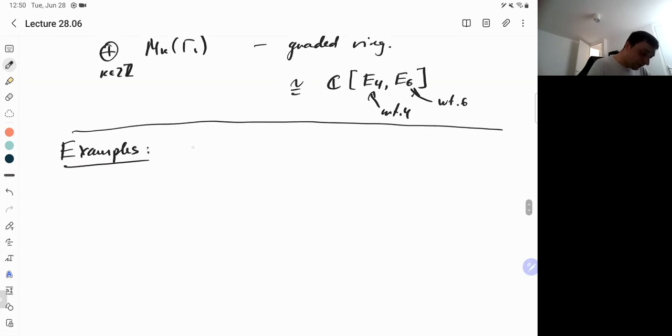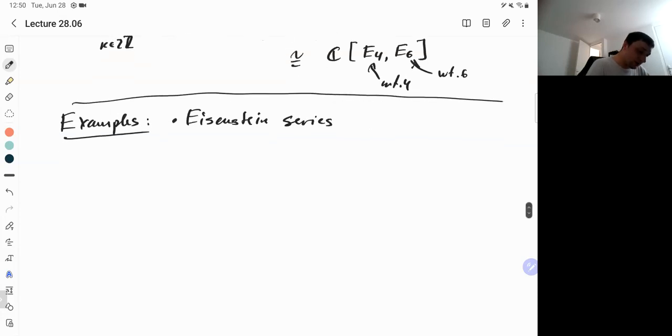There are three basic sources of modular forms, and one of them is the so-called Eisenstein series. For the Eisenstein series, I will first not give the right definition. I will just write what the Fourier expansion is.